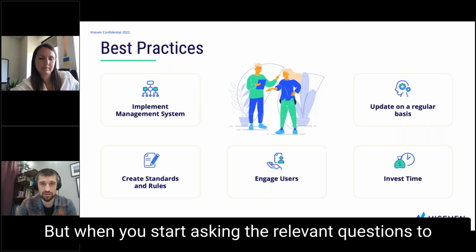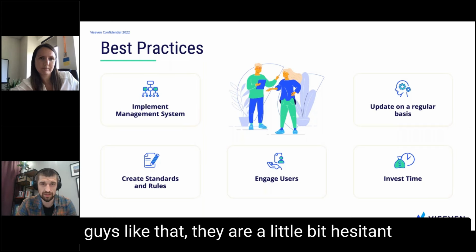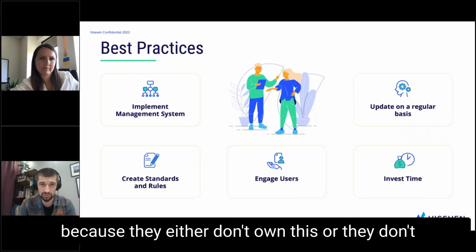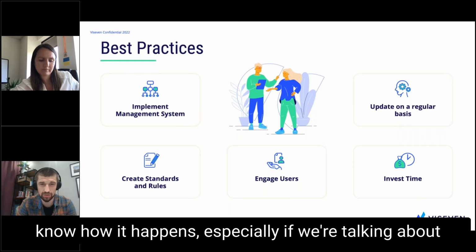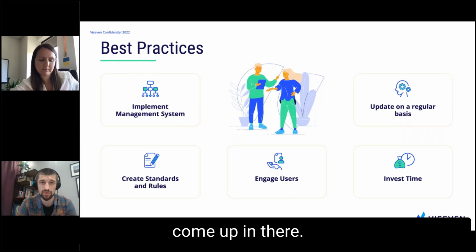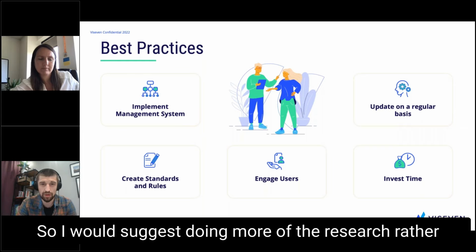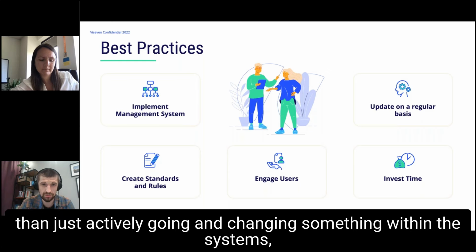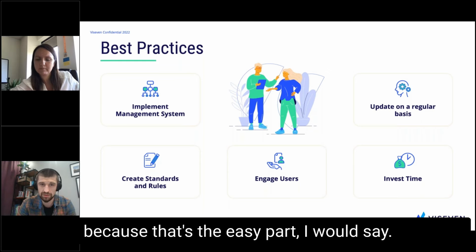But when you start asking relevant questions to guys like that, they are a little bit hesitant because they either don't own this or they don't know how it happens, especially if we're talking about global to local distributions and all the regulation you come up against there. So I would suggest doing more research rather than just actively going and changing something within the systems, because that's the easy part.